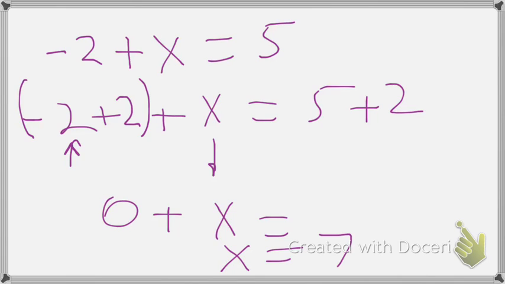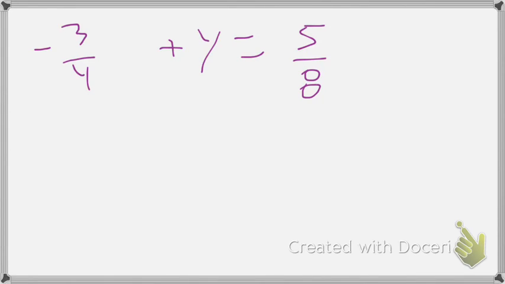So I'm going to do yours now. Yours reads negative 3/4 plus y equals 5/8. That's yours. Okay, the same idea. You can add to the two sides the same number.